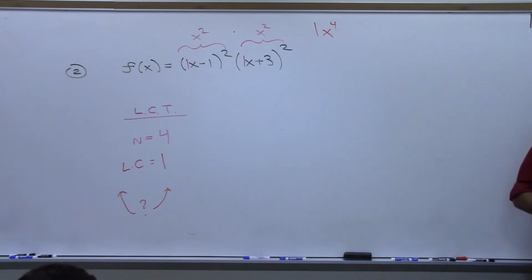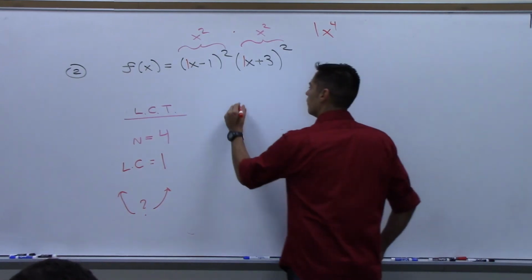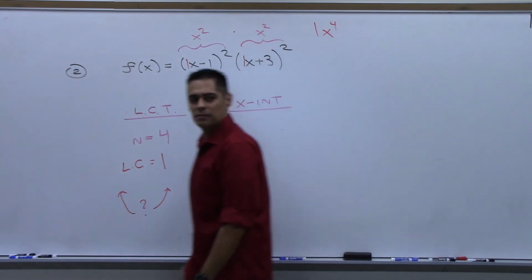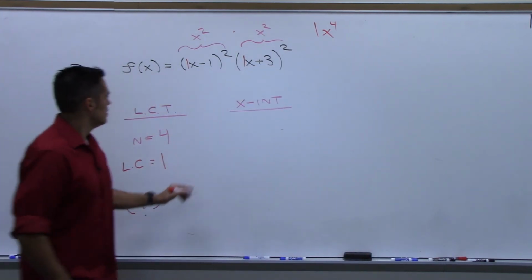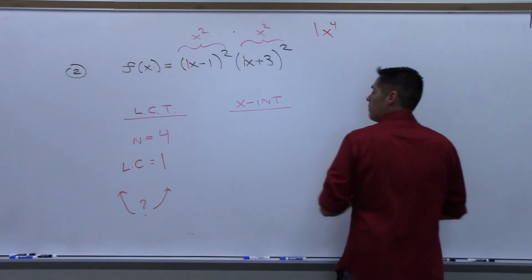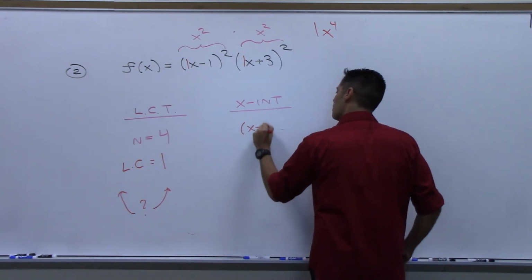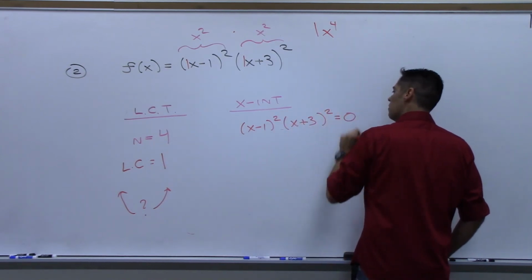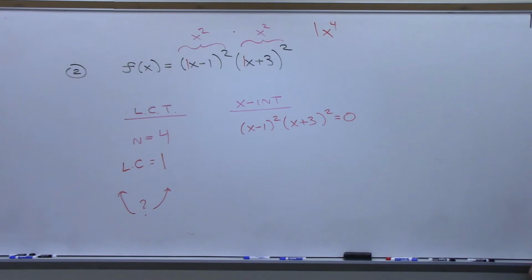Now the x-intercept step is the easiest step because it's already factored, right? So set x minus 1 squared times x plus 3 squared equal to 0. How many x-intercepts do I have?